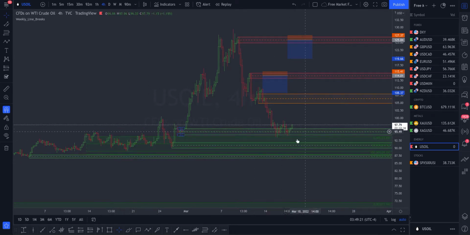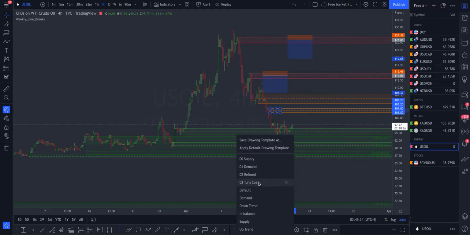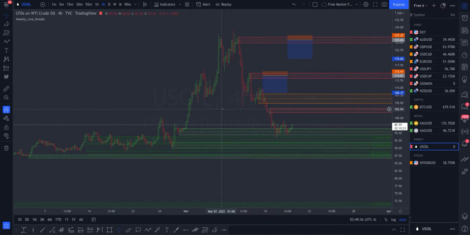So we could see maybe a trade into this 4-hour supply here that was created.